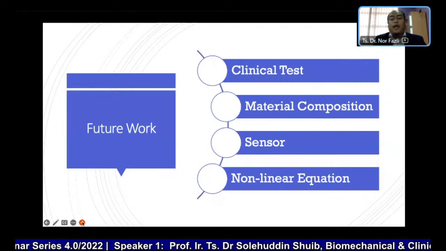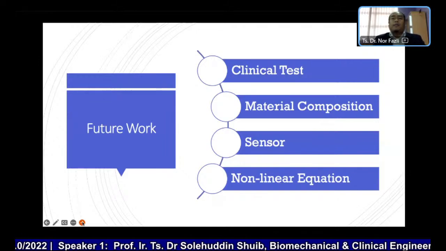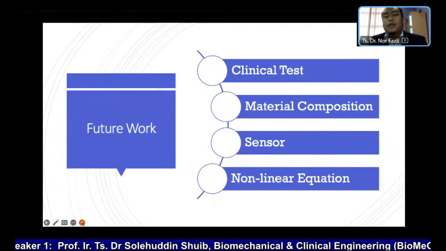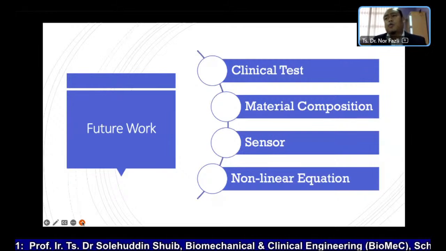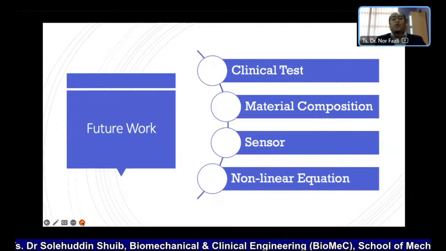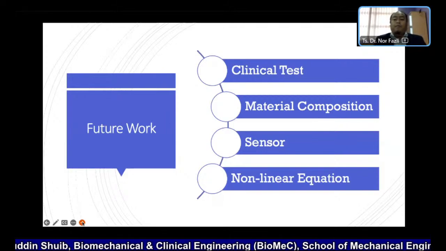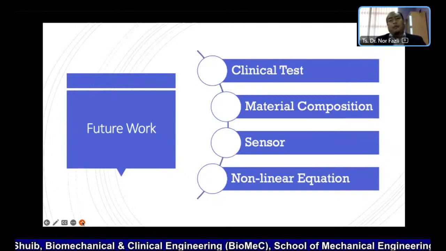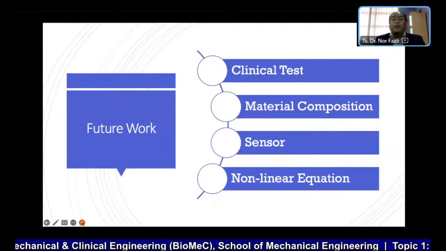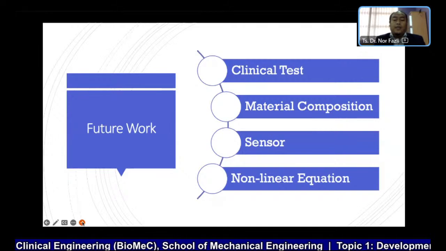We also hope we can produce this holder with biodegradable material, so we really need people from the Faculty of Applied Sciences to get the right material to use in this project.